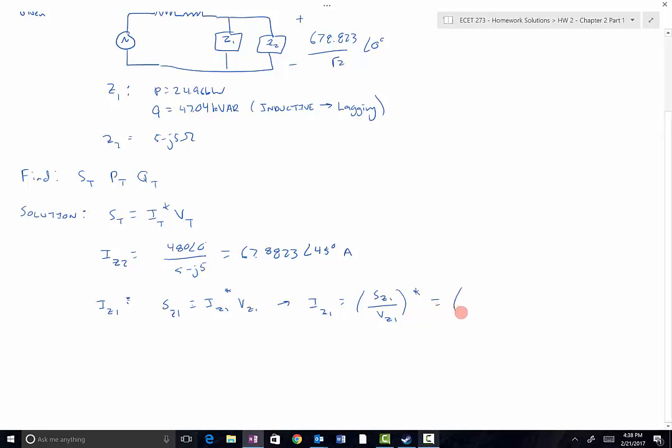So SZ1 is going to be 24.96 e to the third. This is inductive, so it's plus j 47.04 e to the third. And then I just need to divide that by 480 angle 0.